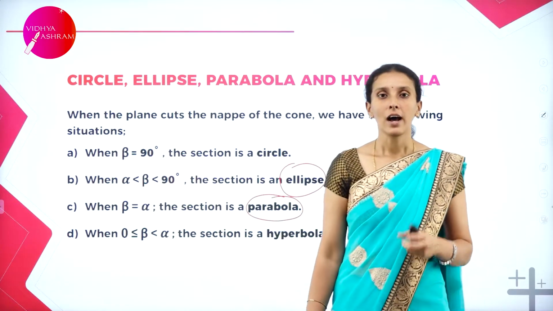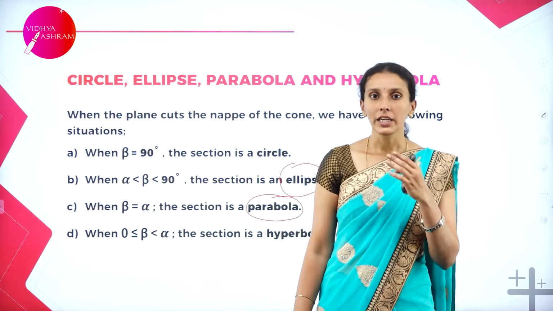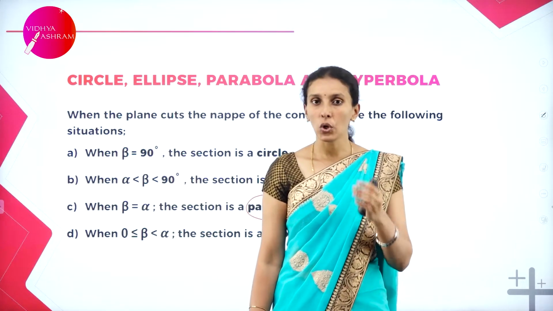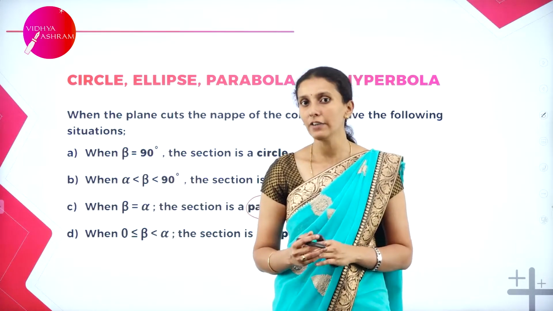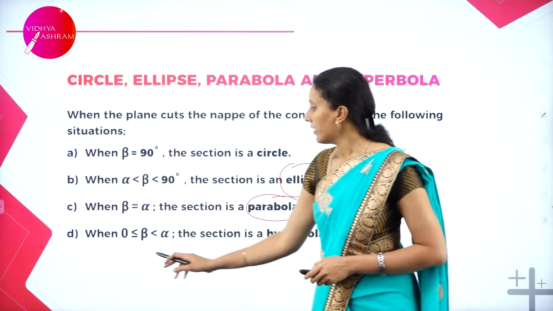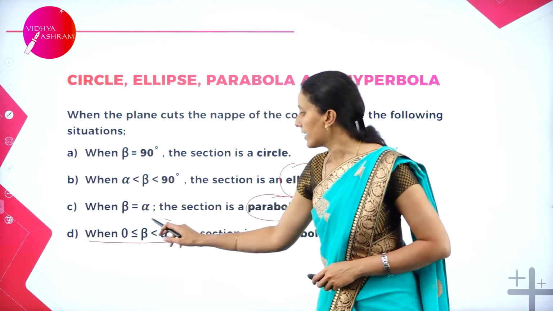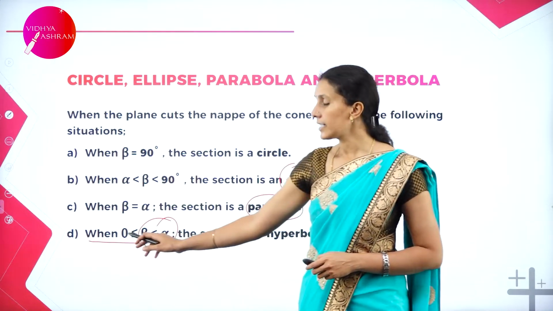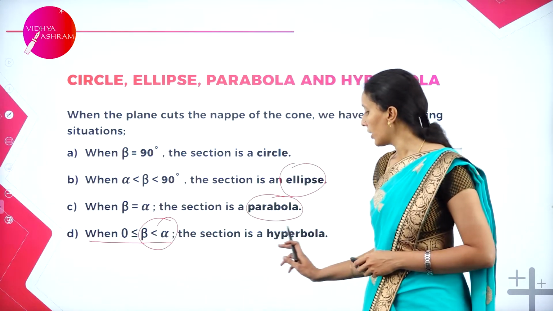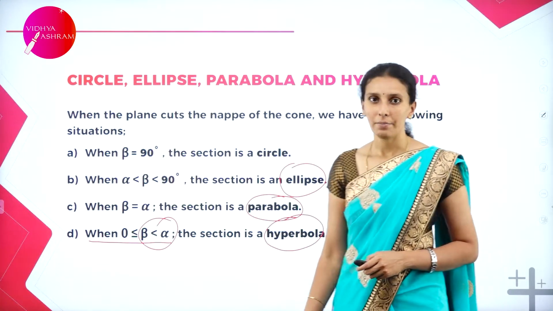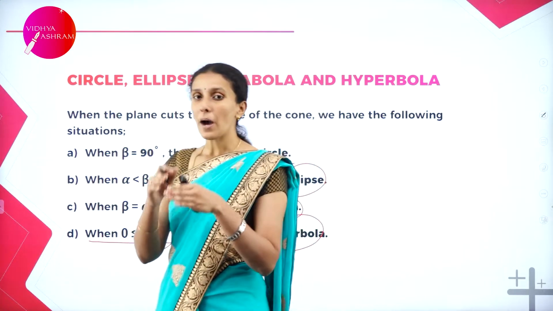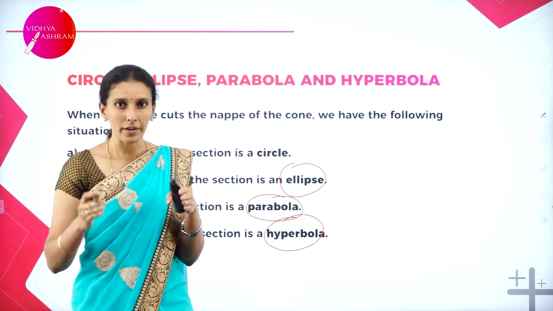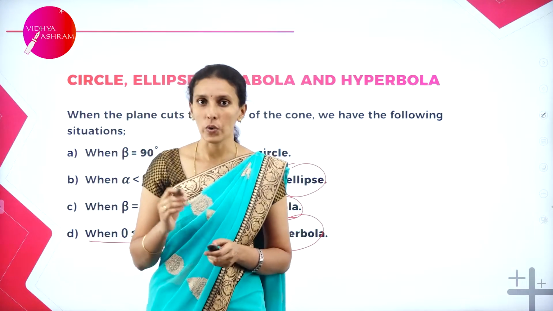When both alpha and beta, the intersection angles between the plane and cone, are equal, you will get the curve parabola. And when beta is less than alpha, the condition is beta is less than alpha and greater than 0, then you get a section called hyperbola. Since they are all parts or sections of a cone, they are called conic sections.